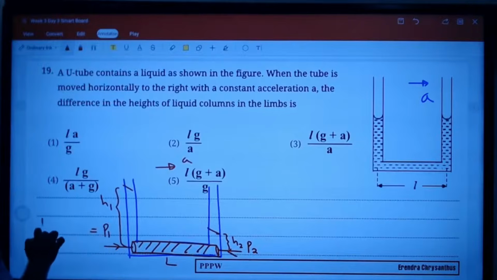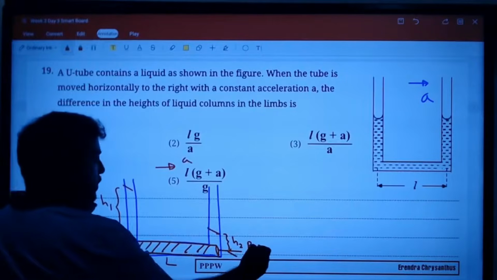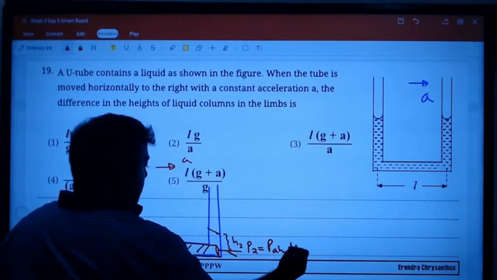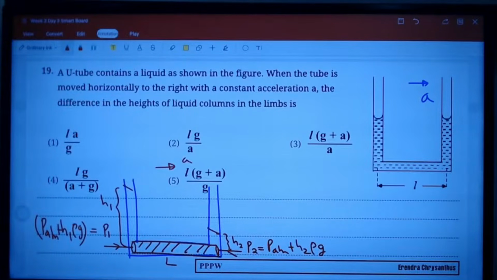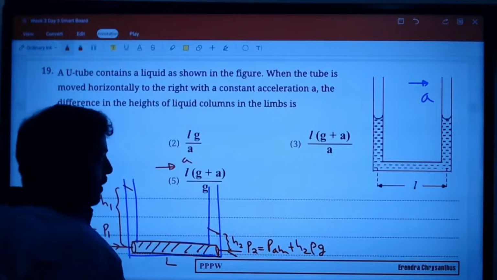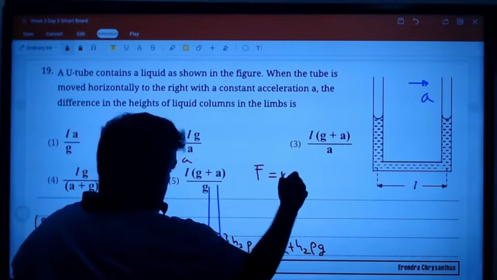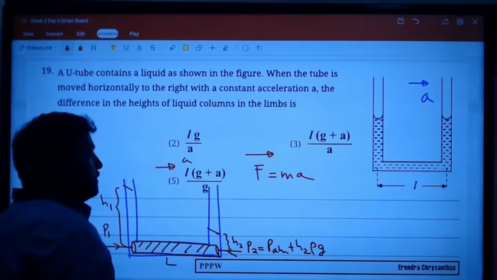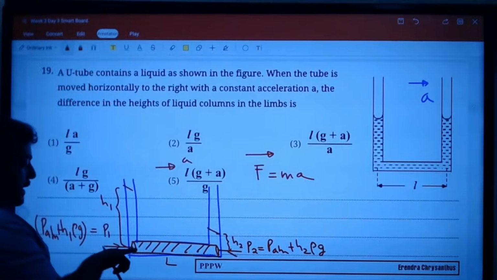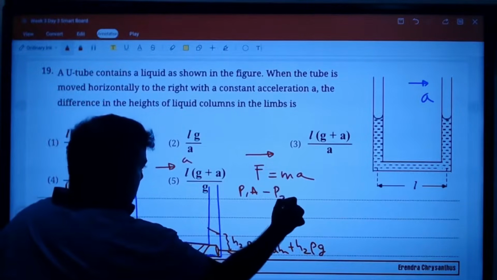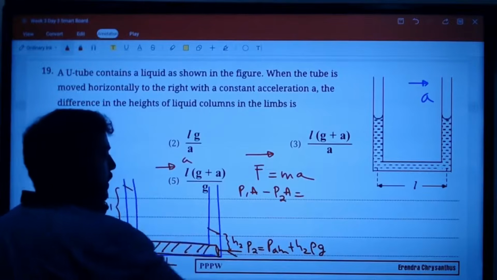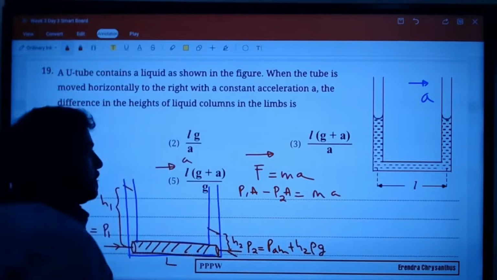So P1 is equal to P atm plus h1 rho g. P2 is equal to P atm plus h2 rho g. Now if I apply F equals ma in the forward direction, there is a resultant pressure force, P1 A minus P2 A, equal to mass into acceleration.